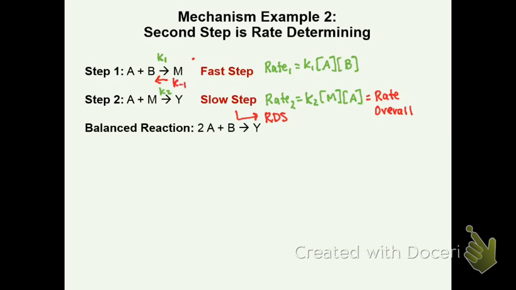So over time, an equilibrium is established between A and B and M. So that's going to be established before step 2 occurs.